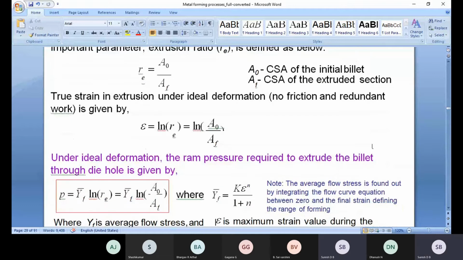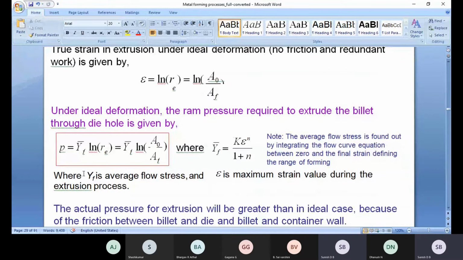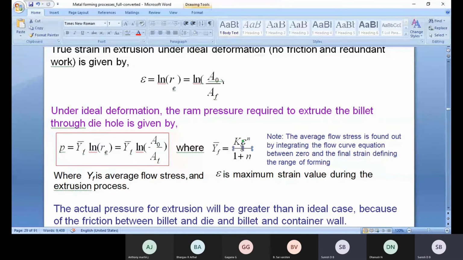Y bar suffix f is nothing but the average flow stress, and epsilon is nothing but the maximum strain produced during the extrusion process.